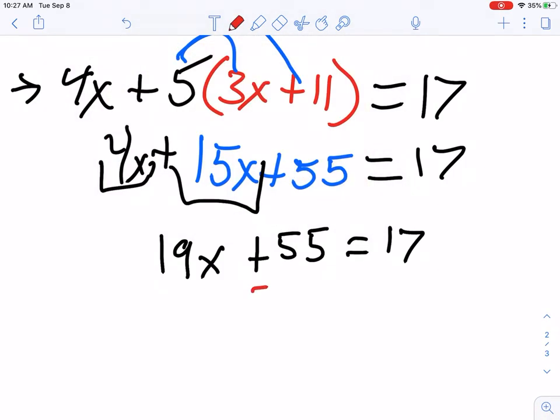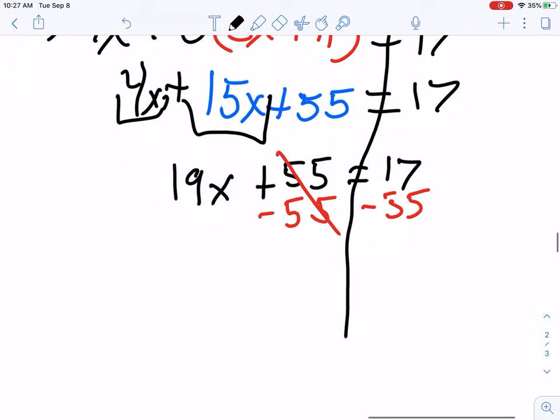Now I can subtract 55 from both sides. Those cancel out. And in case you needed to see the line there. So I'm left with 19x on this side equals, I'm doing 17 minus 55.